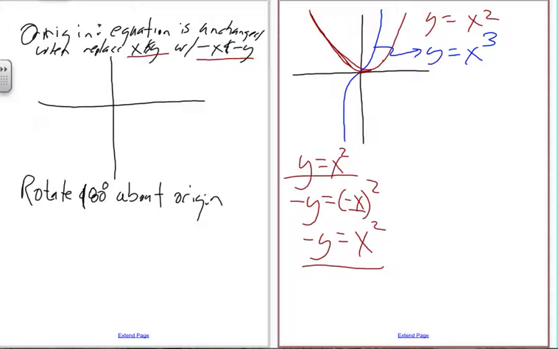So now let's take a look at our cubic. Y equals x cubed. This is one where we think we've got it. So we're going to do this. Negative y equals negative x cubed. All right. Negative x times the negative x. Remember, this is the same as this.